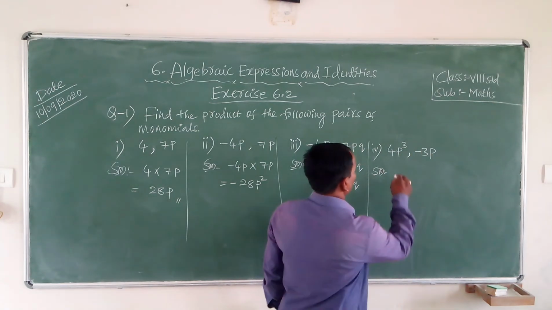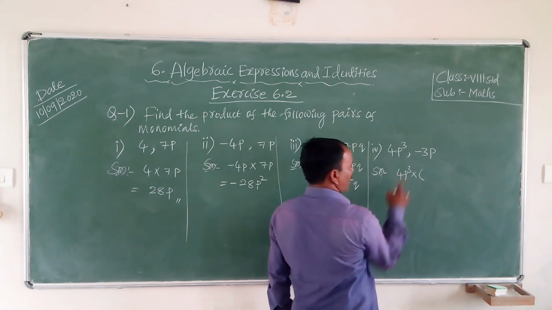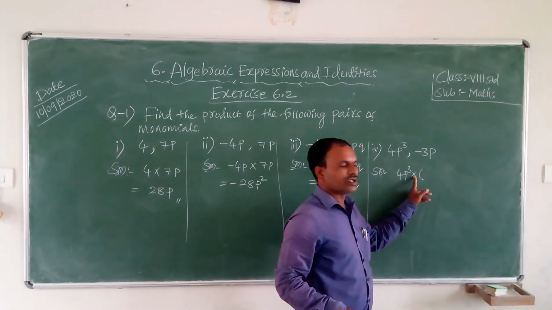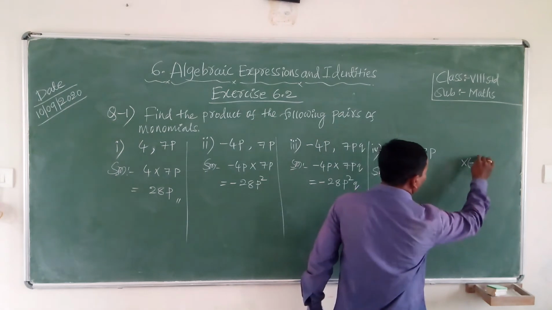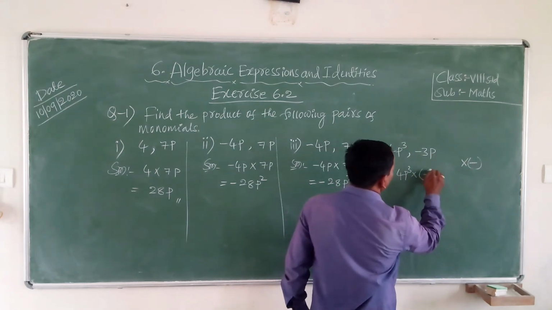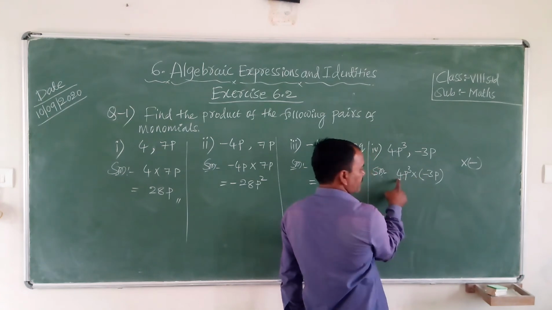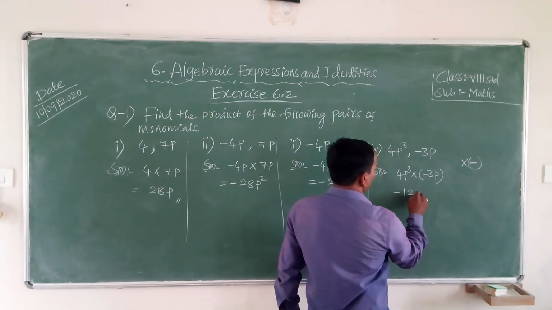So 4PQ into the bracket. Why bracket? Because minus is there and into is already there, so don't write them together. Now put the bracket: minus 3P. Plus into minus is minus, 4 threes are 12.